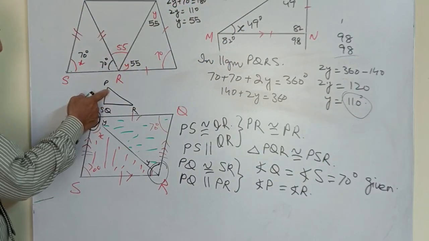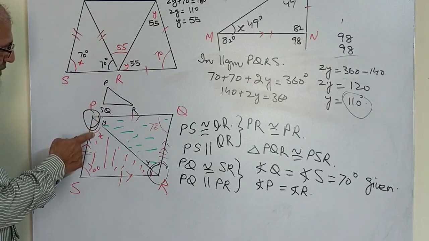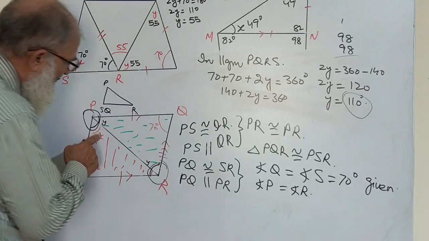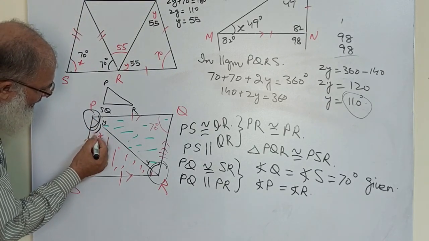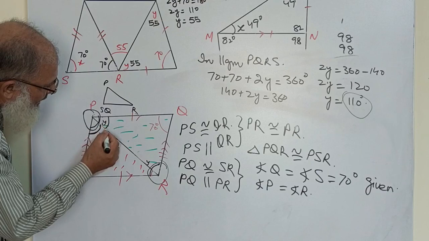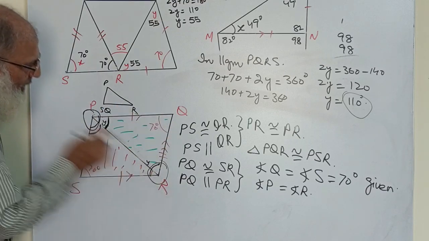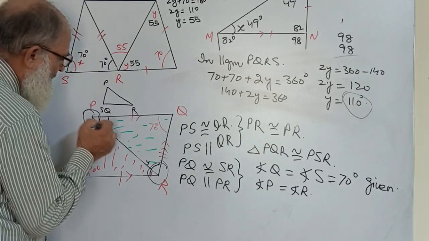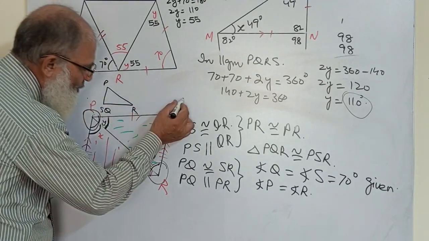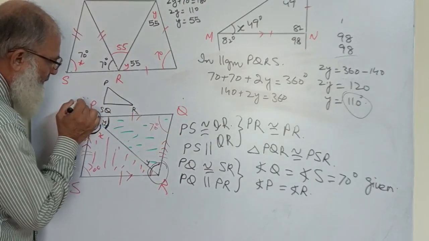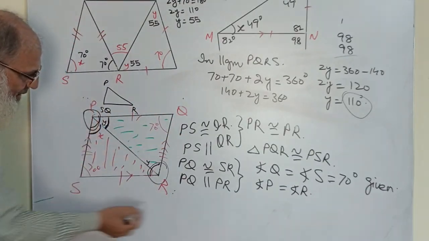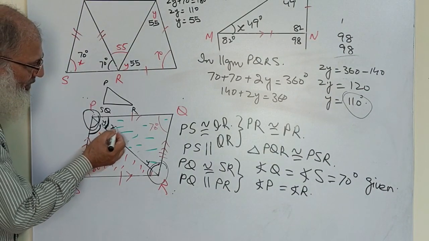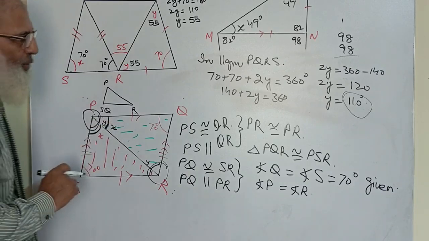Now since we know that this x angle is equal to this angle, because the two triangles are congruent to each other, since two triangles PQR and PRS or PSR are congruent to each other, then it means that this is also x and this is also x.